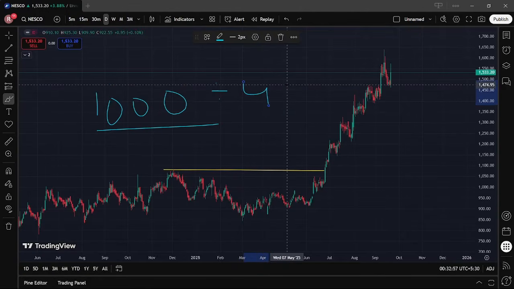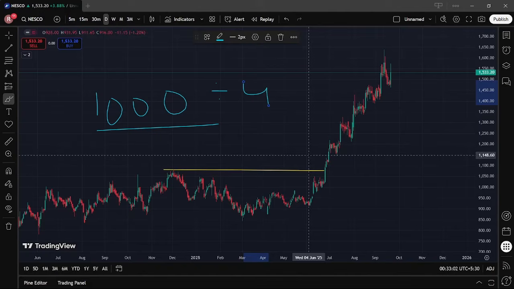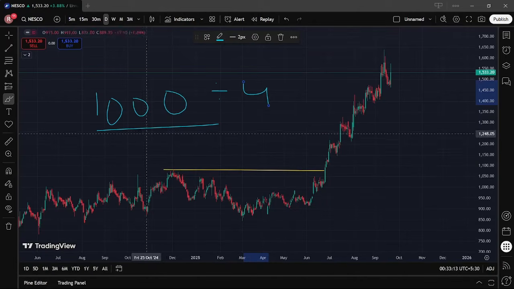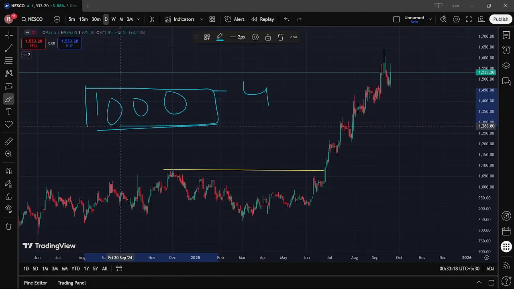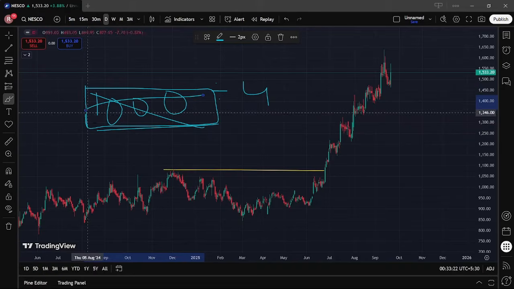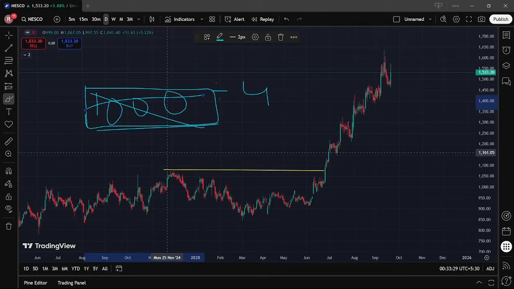So you take entry with 250 rupees in stock A, 250 rupees in stock B, 250 rupees in stock C, and 250 rupees in stock D. So your risk is better managed. Even if you hit stop loss, you are not wiping out your entire capital. That is how you should maintain your risk appetite.